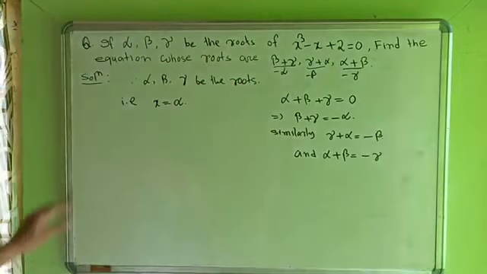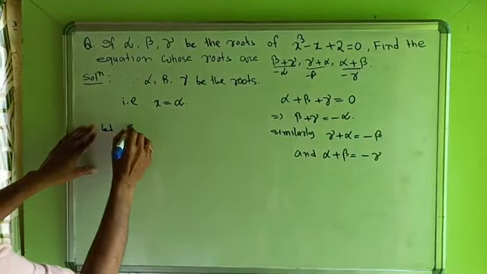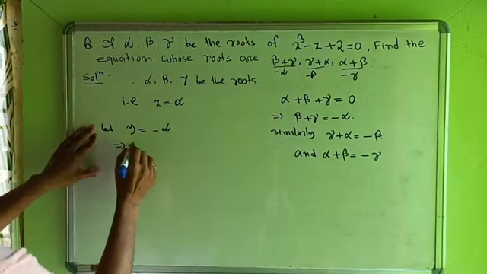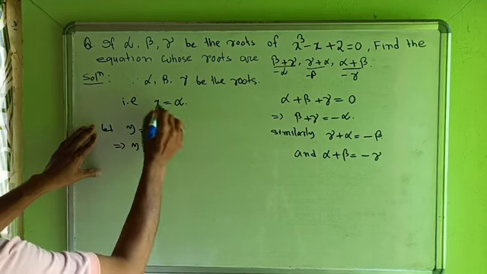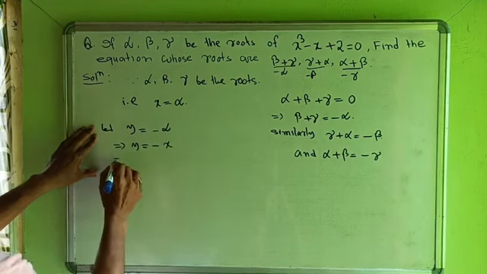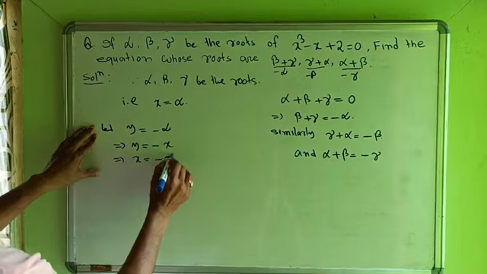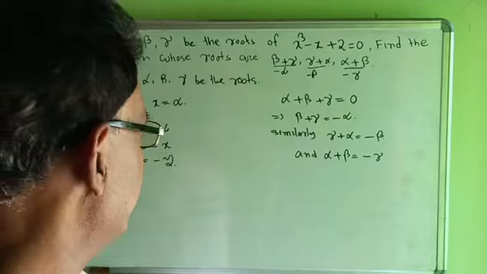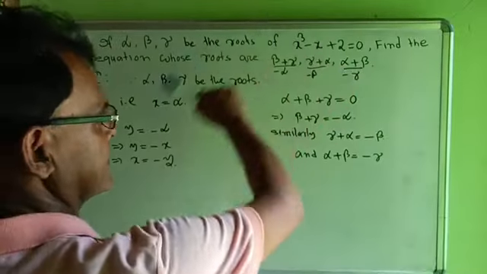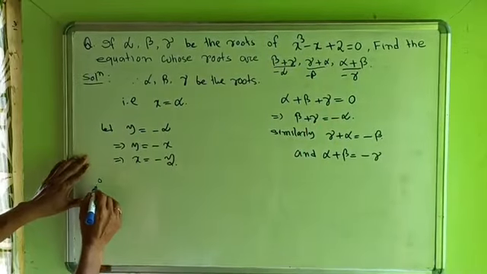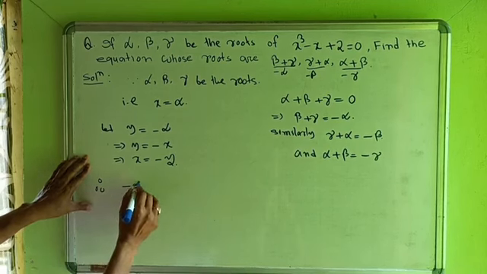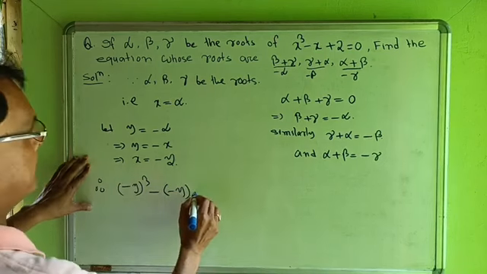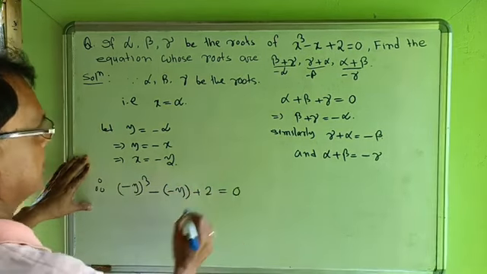Therefore we let y is equal to minus alpha, which is minus x, and this gives x is equal to minus y. Now putting x equal to minus y in the given equation, we get (minus y) whole cube minus (minus y) plus 2 is equal to 0.